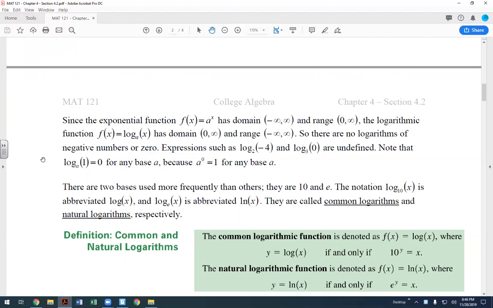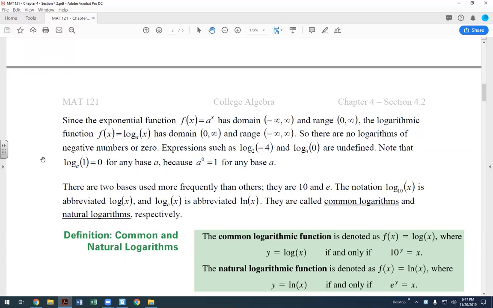You will not be able to find a logarithm for negative numbers or log for a 0. And even though they are talking about log base 2 and log base 3 here, on your calculators, use the log or the natural log key and see what happens if you did just log of negative 4. What does your calculator say?